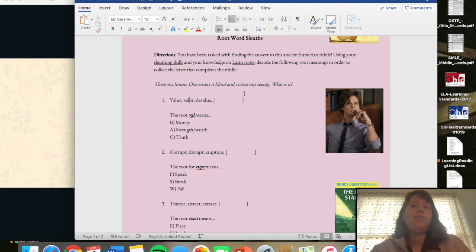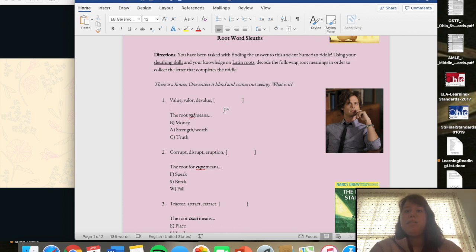What is it? So we're trying to figure out what happens when this person enters a house blind, but they come out seeing. So what happened? The first Latin root that we'll look at is val. And so we see the words value, valor, and devalue.